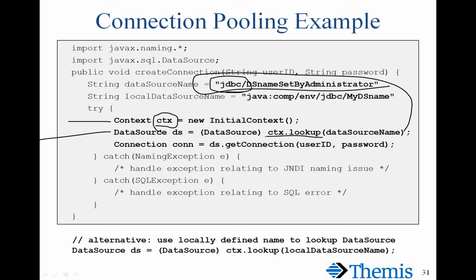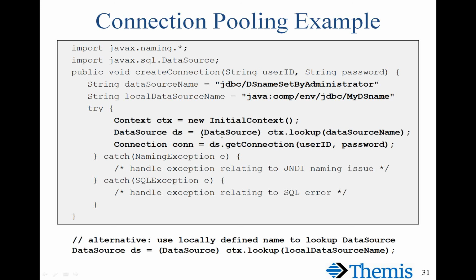That availability of JNDI to look up things is not limited to data sources. So lookup returns all kinds of different objects, and this is called casting, where we've identified the type of object that we're expecting from this name.